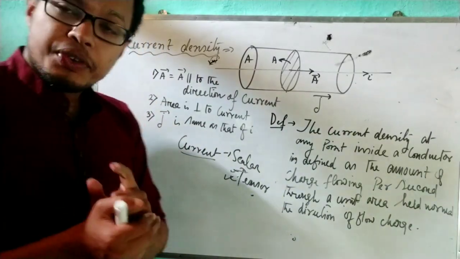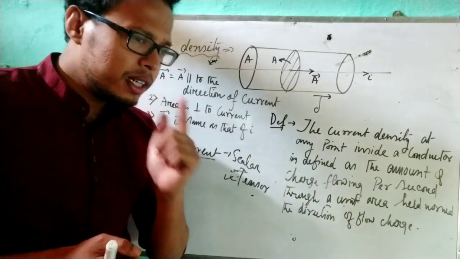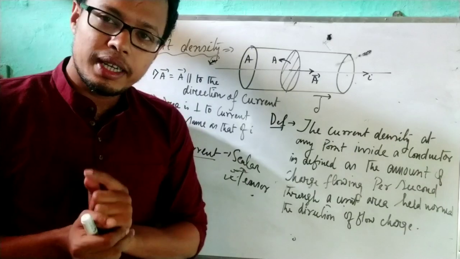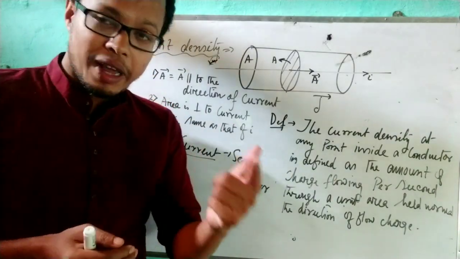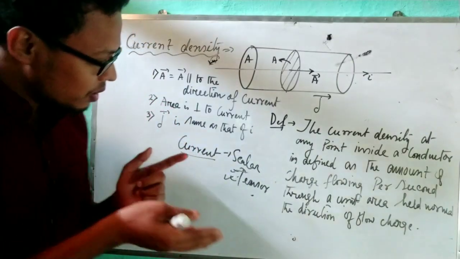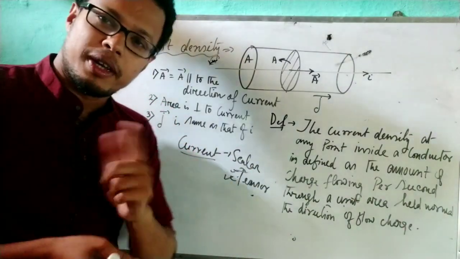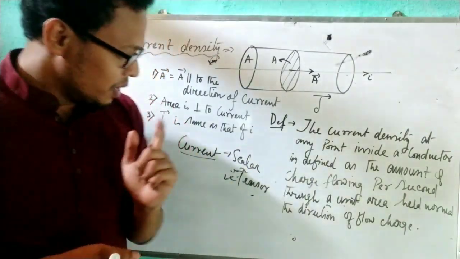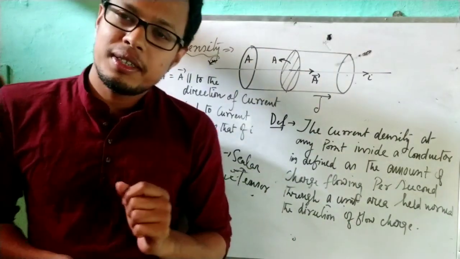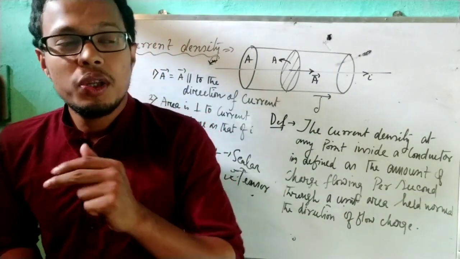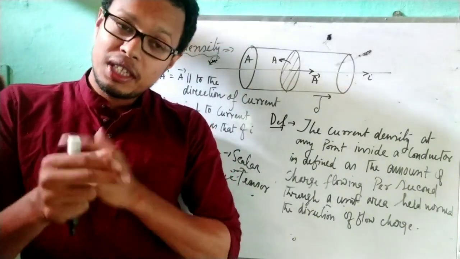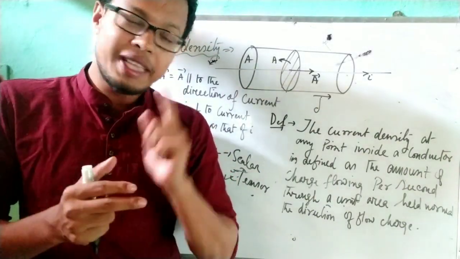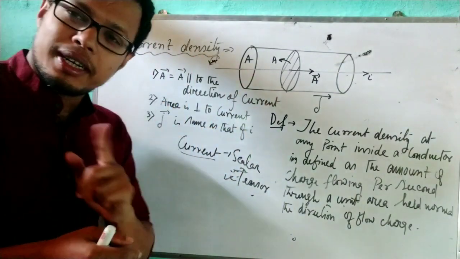After that, in physics, one quantity is needed which is equivalent to a vector, but which will play the role of current. Understood? That term is called the current density.